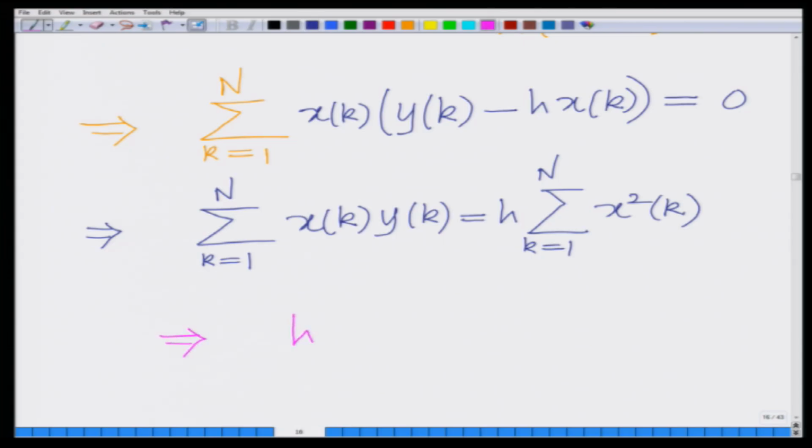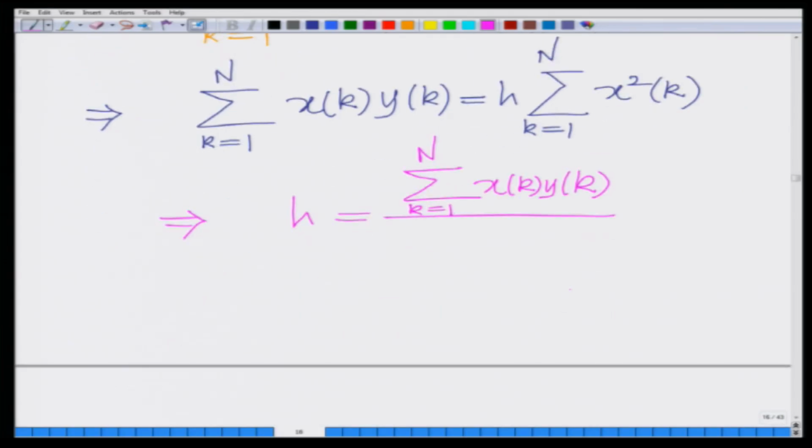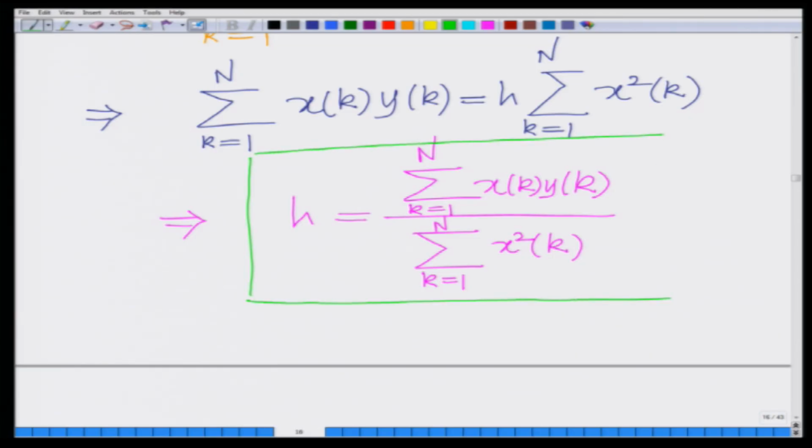The value of h for which this is maximized is summation k equal to 1 to n xk yk divided by summation k equal to 1 to n x square k. This value of h is the maximum likelihood estimate, denoted by h hat.